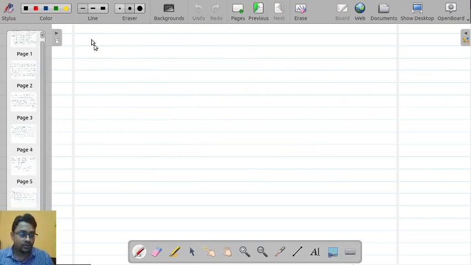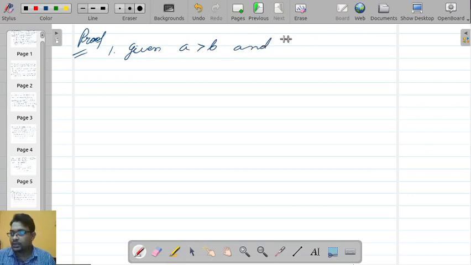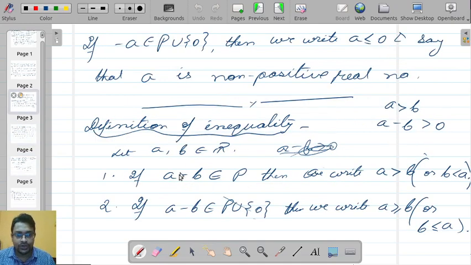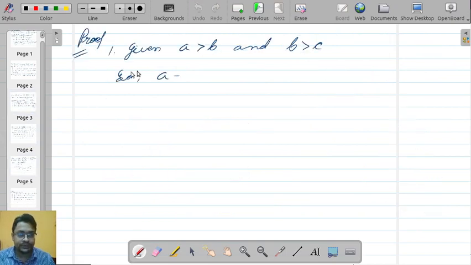So how do you prove it? Proof. Number one: given A is greater than B and B is greater than C. By our definition of inequality, A greater than B means A minus B belongs to P, that is, A minus B is greater than 0.